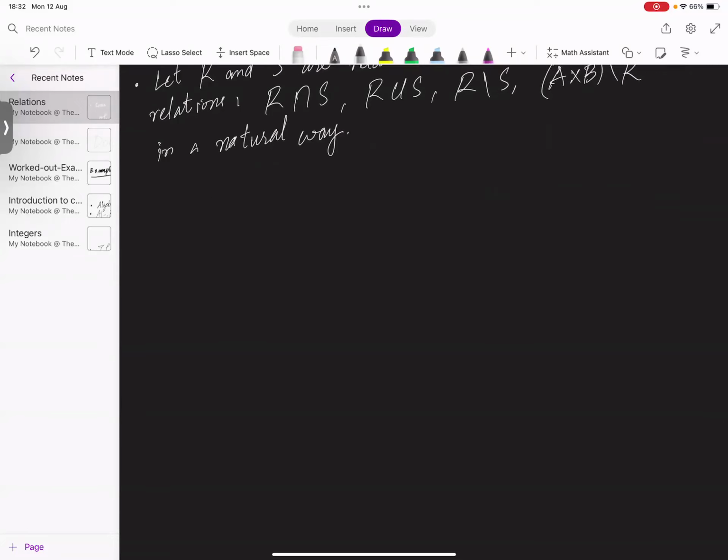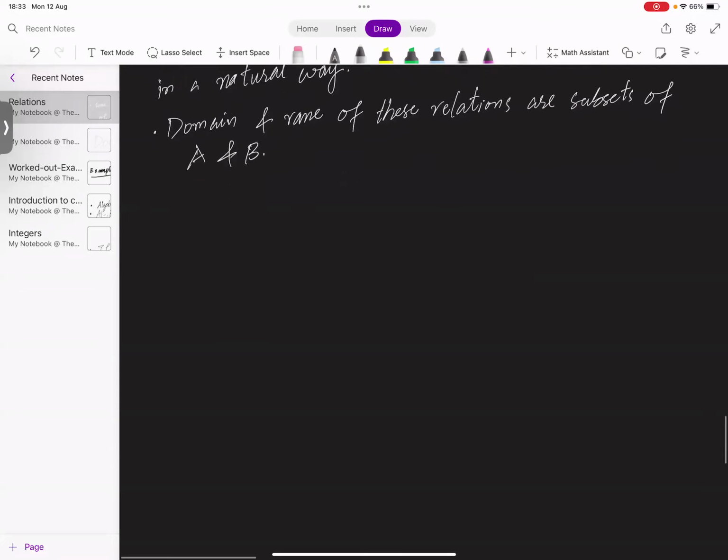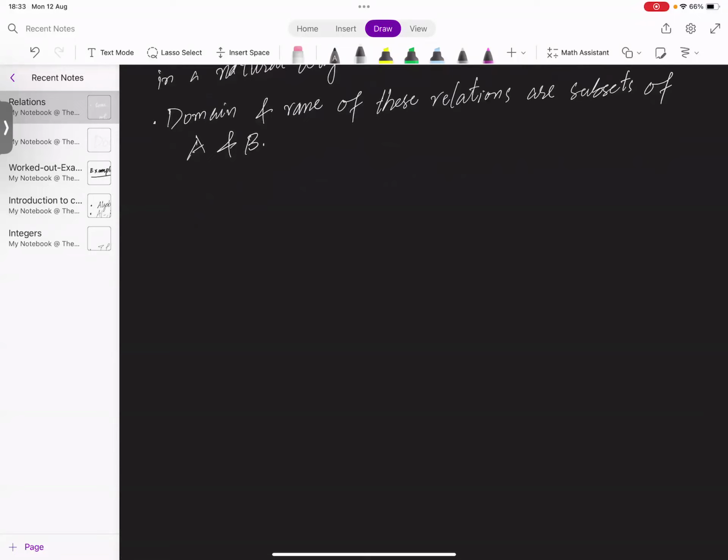So the domain and range of these relations are subsets of A and B. Perfect.